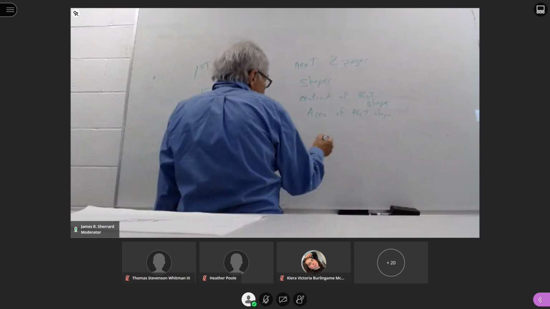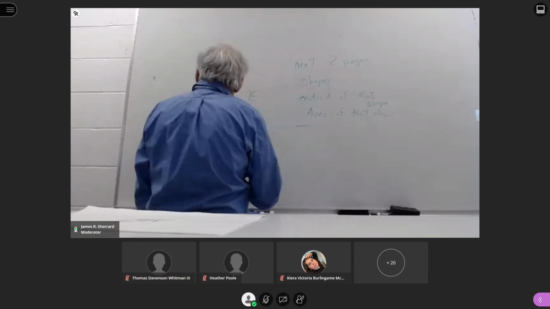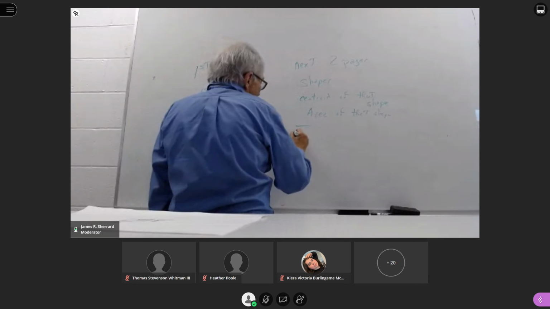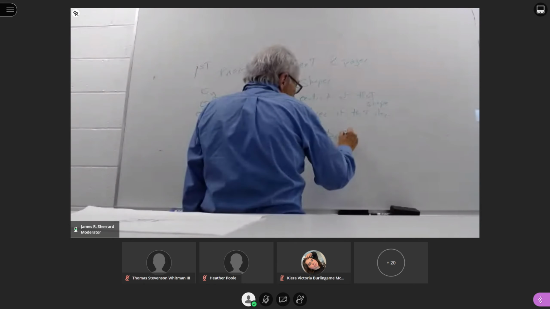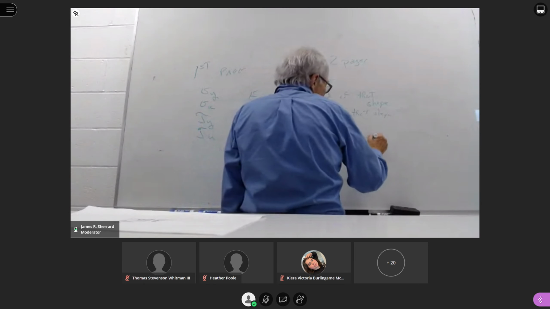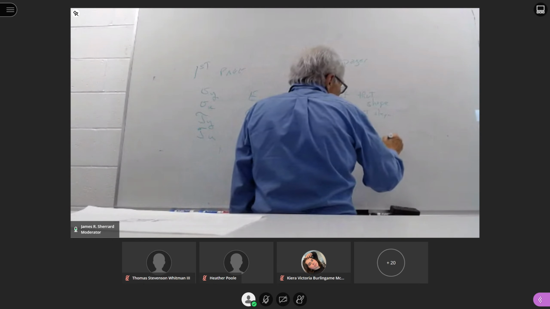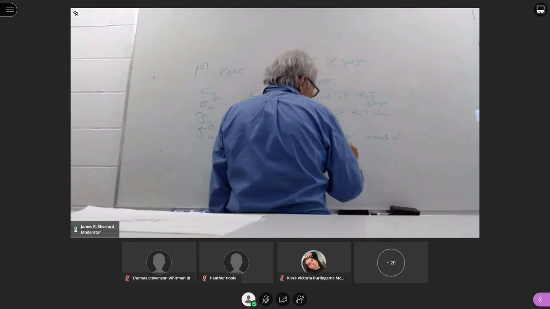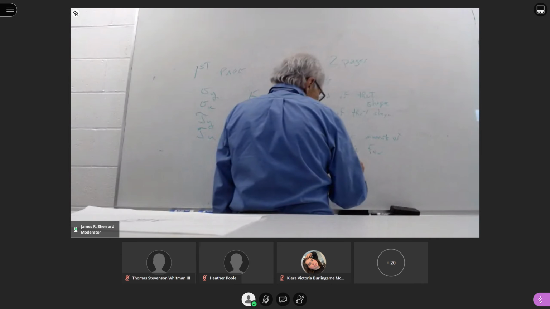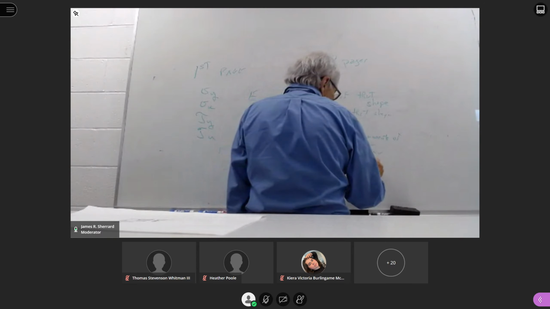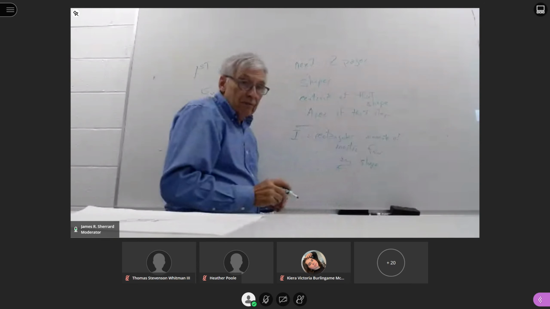And then the other page talks about I's, or rectangular moments of inertia for any shape.